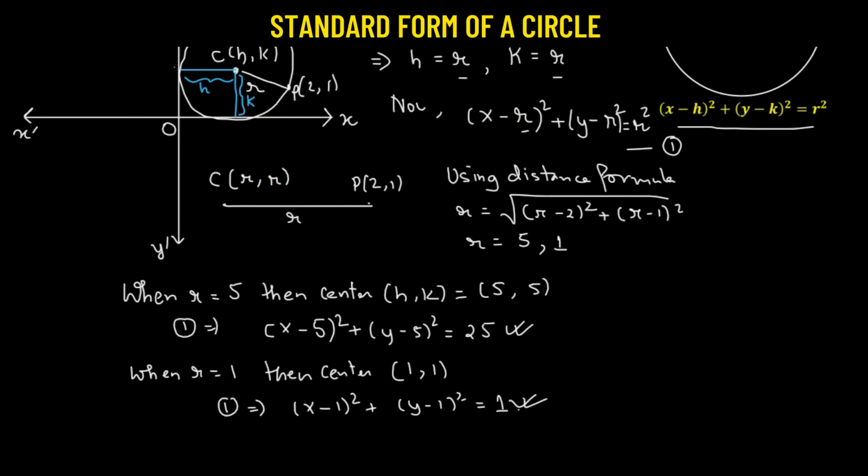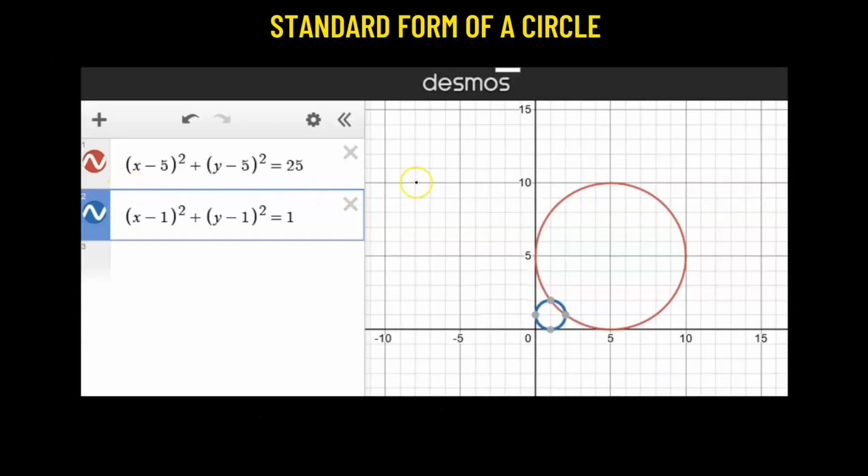So let's look at the diagram. Here we're taking the help of an online graphing calculator, Desmos. The red circle has the equation (x minus 5) whole squared plus (y minus 5) whole squared equals 25, meaning the circle has the center (5, 5) and its radius is 5 units. Then we have the smaller blue circle, whose center is (1, 1) and which has a radius of 1 unit.